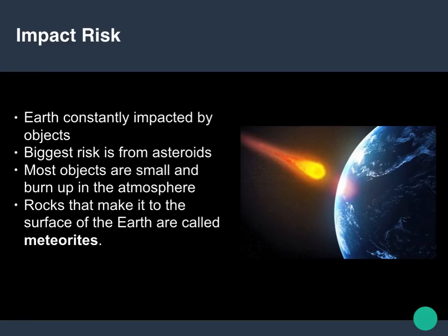And the answer is yes. They do have a slower orbit. They're farther out, and objects that are farther out tend to have slower orbits. They tend to have just a leisurely stroll around the sun.